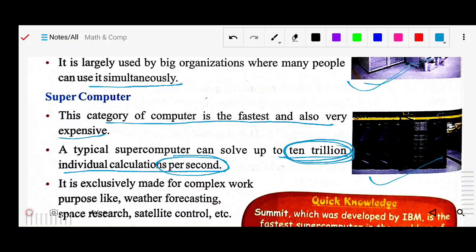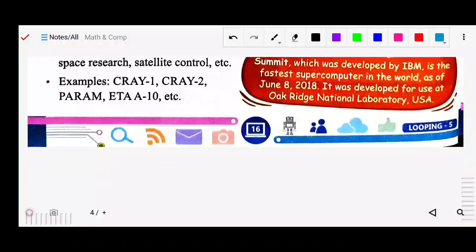So it is used for scientific purposes. Here you can see Summit. This is the name of the supercomputer, Summit, which was developed by IBM and is the fastest supercomputer in the world as of June 8, 2018. It was developed for Oak Ridge National Laboratory in the USA.